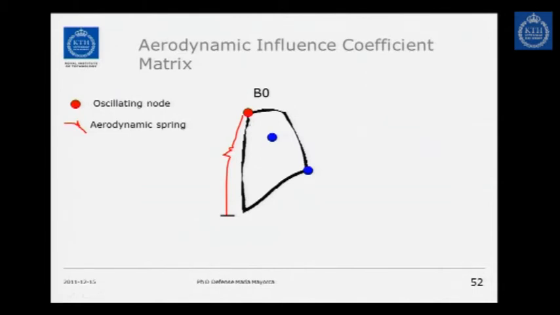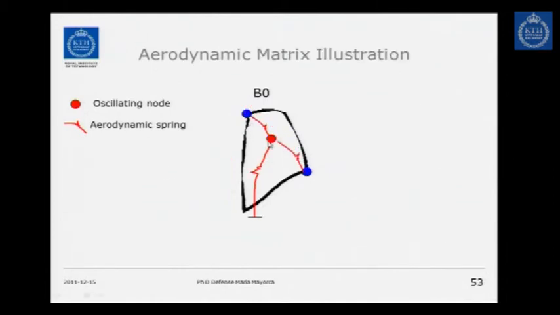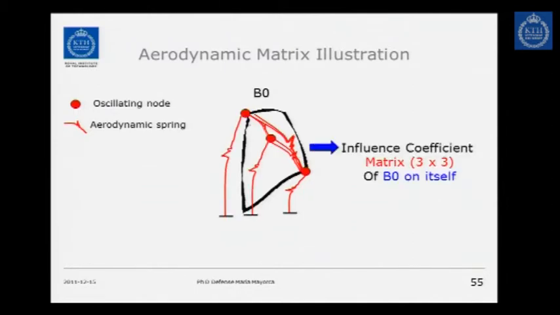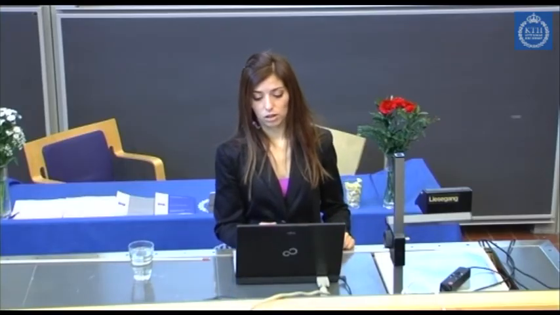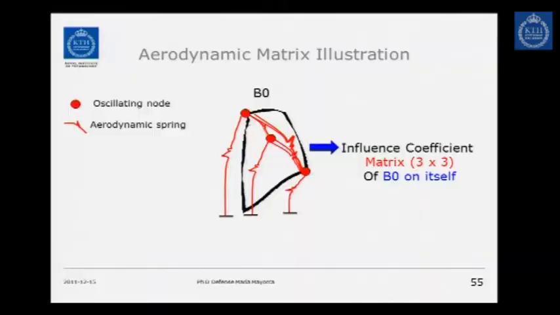The same vibration of that node has an influence on the neighbor node and on the other one. If I oscillate the middle one, I produce an influence on the other two, and likewise for the third. So I can represent the influence of this blade on itself by a set of springs on the specific nodes. This translates into a 3 by 3 influence coefficient matrix of this blade on itself.